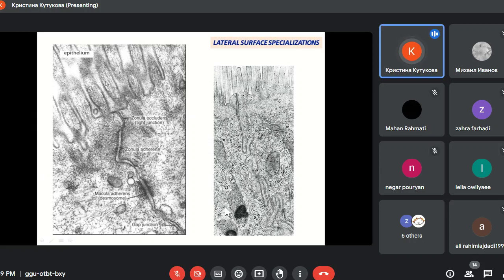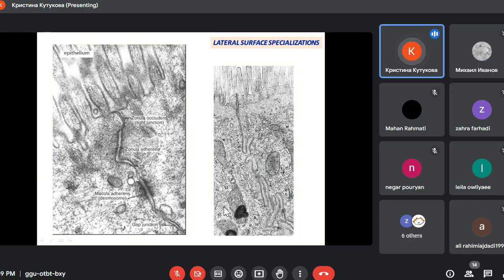These are microvilli upon their apical surface. Some of them look like they are not attached to the membrane, like this one, for example. It looks like this microvillus is not attached to the cell, but it's just the result of sectioning.